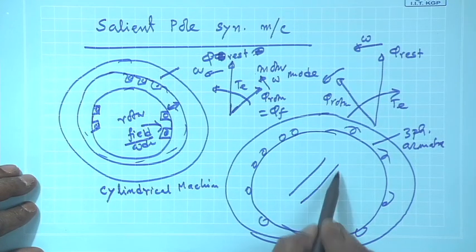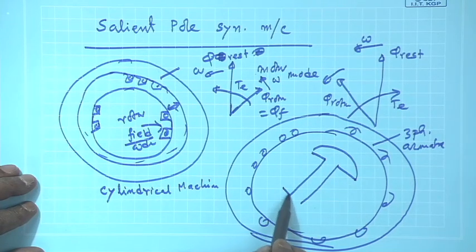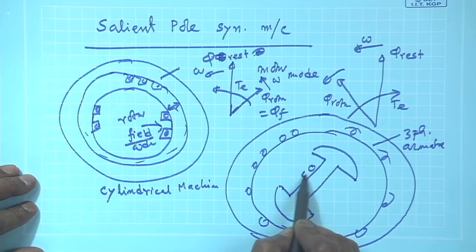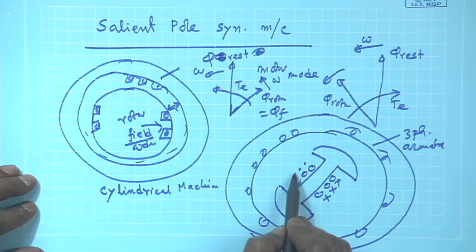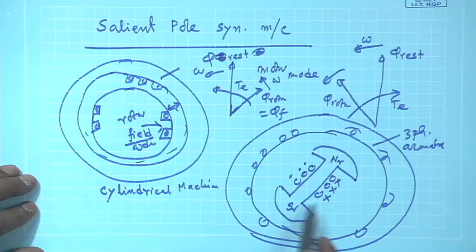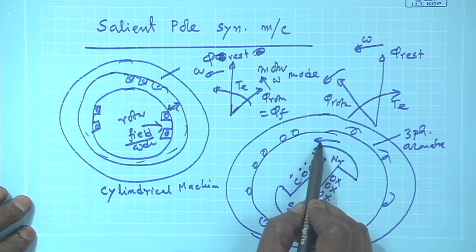You have a salient pole structure, and here are your field coils, which will carry cross current, dot current here to give you NR, SR. Understood, and it also rotates at synchronous speed.